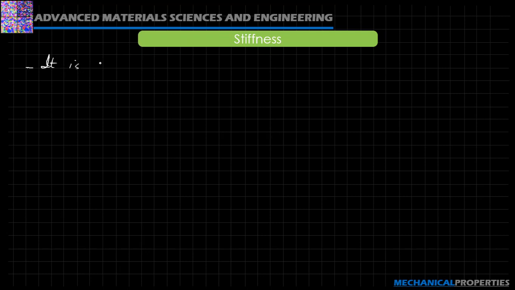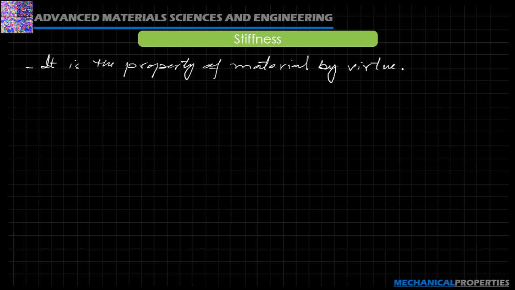Stiffness is the property of a material by virtue of which a material resists deformation.